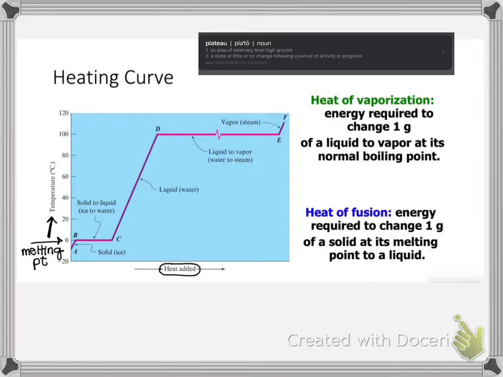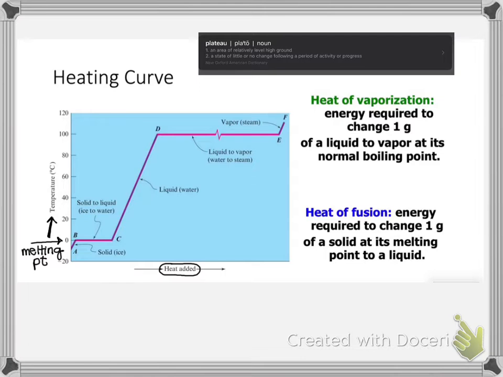You can draw cooling curves, which would start at a high temperature and you'd be removing heat. So in that case, I suppose we would call it the freezing point. But here we'll call it the melting point because we're adding heat, and it would be 0 degrees Celsius for water.